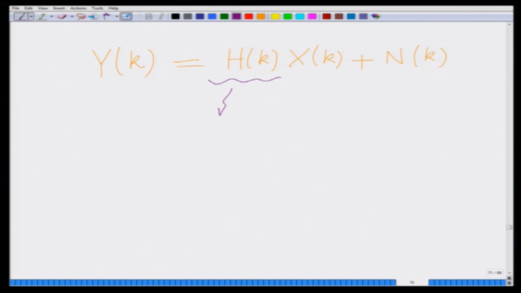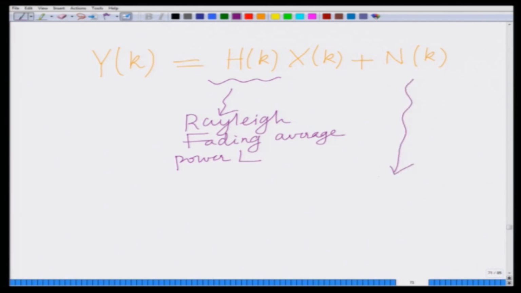So this is Rayleigh fading with average power L, and this is Gaussian noise, where the expected noise variance, expected magnitude W square, equals n sigma square.